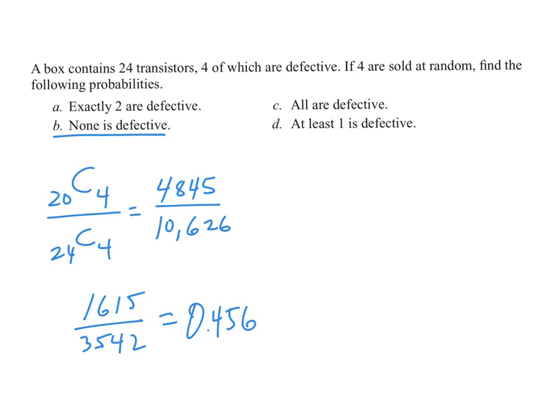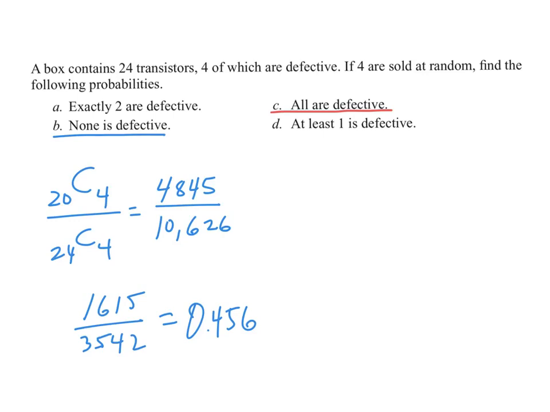Now, what changes for part C if all are defective? It's 4C4, get rid of the other side. So right, this number now is gone. There are none in the group that you select that are good. All of them are defective. So this changes to only choosing from the 4 that are defective, and we're going to choose 4 of them.